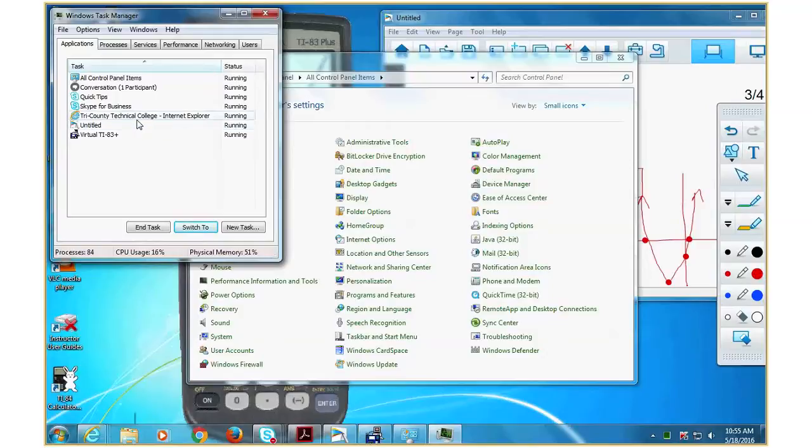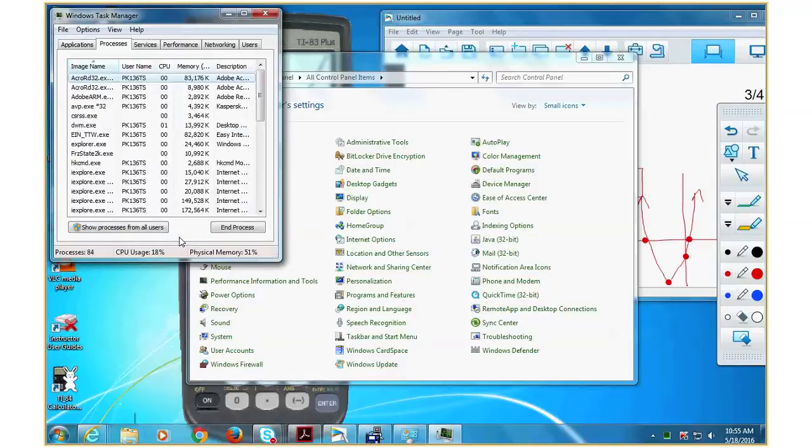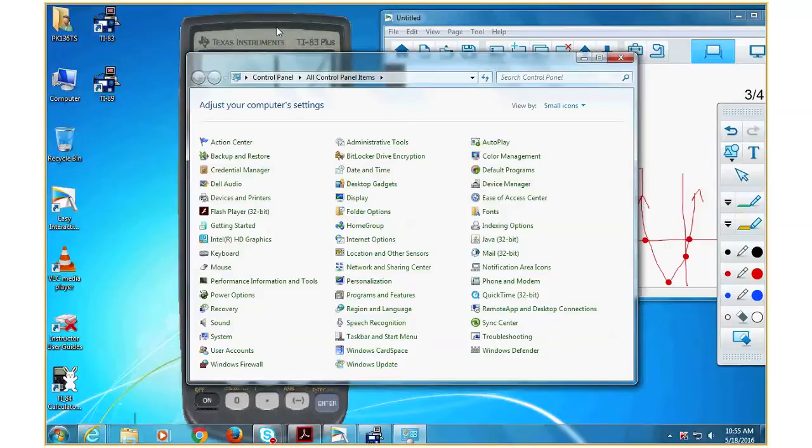Not on there. No, Untitled is what I want to work. Track processes. Processes? Dang, no. The only thing I know to do is this.